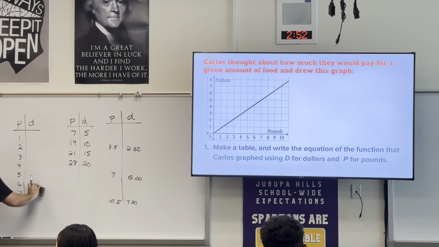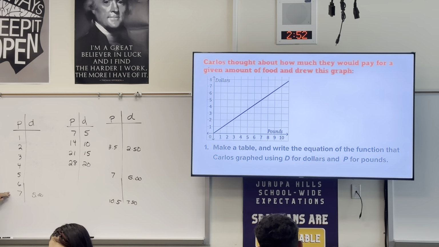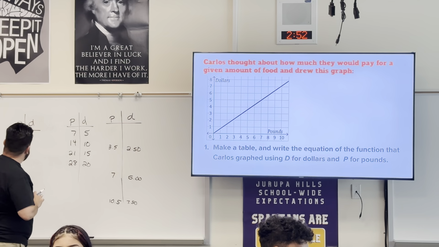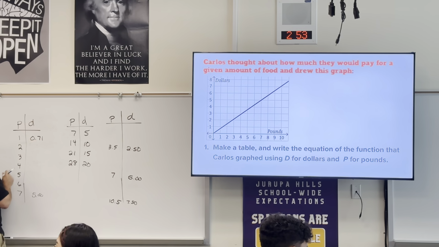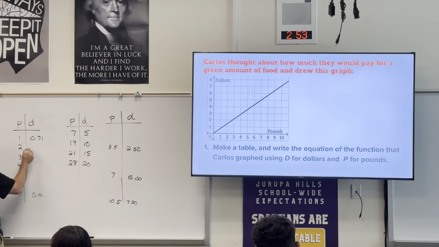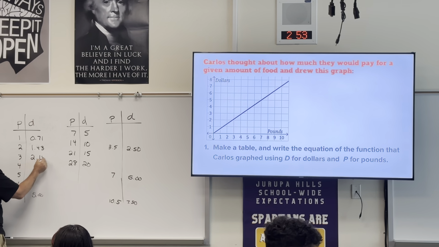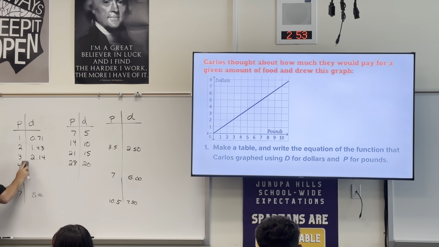Anyone else do pounds 1 through 7 or 1 through 5? Go ahead. For 1, I got 0.71. Okay, so 71 cents, and then 1.43. $1.43, and then $2.14. For 3 pounds I got $2.14. Okay, and then?